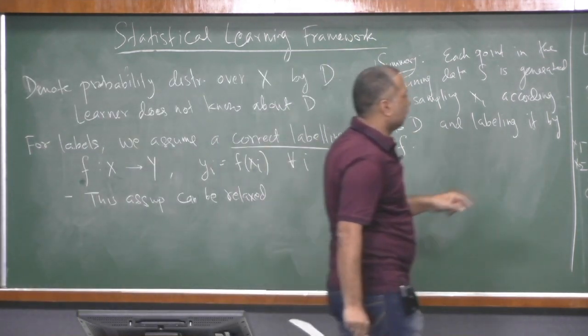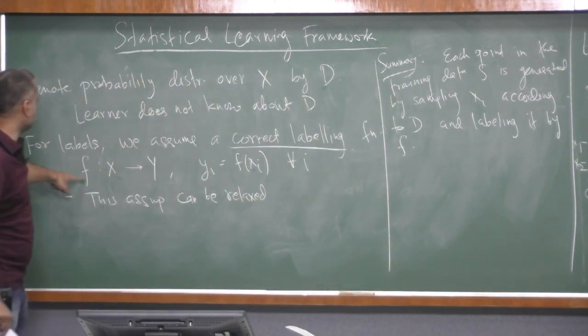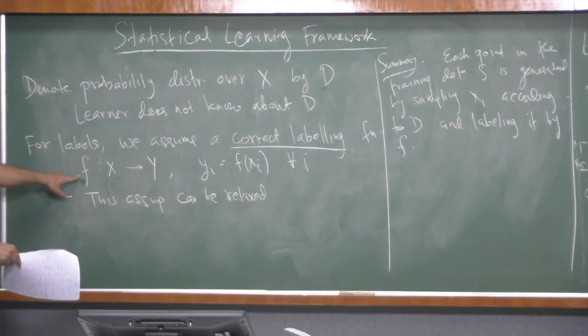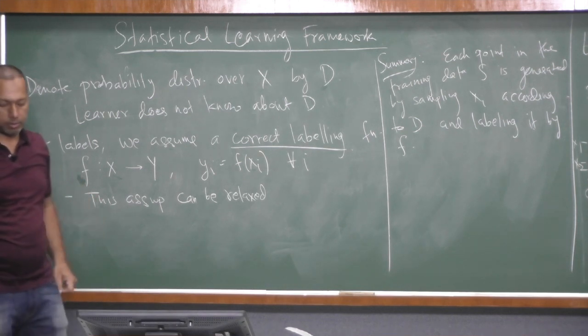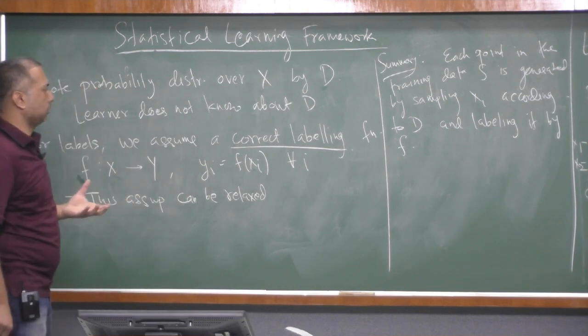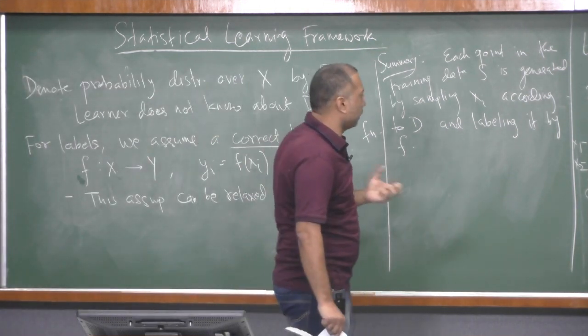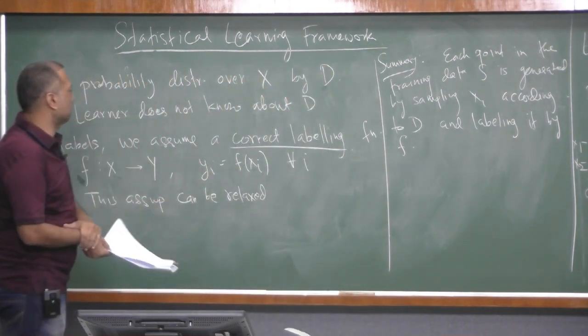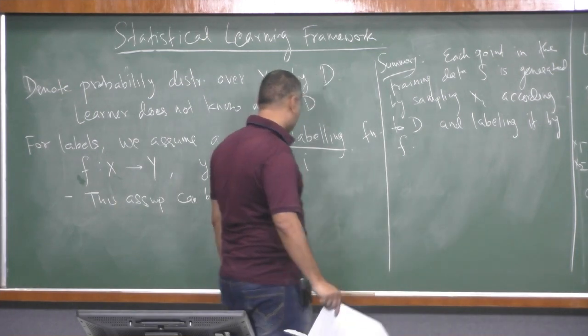So the question is, given a correct labeling function, if I am going to build a prediction rule, H, that I wrote before, how much error am I going to make? So what is the measure of success? We need some measure to check whether our learning process is correct, or correct up to some error.